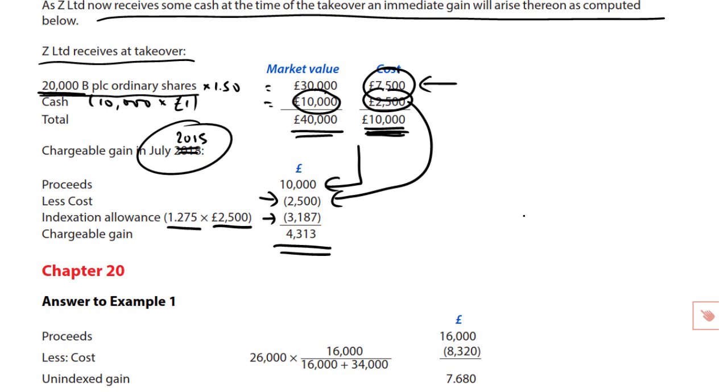What you've got to remember to do, however, is to deal with things in the correct order. You can't immediately deal now with the disposal of some shares acquired as a result of a takeover. You must firstly deal with the takeover.